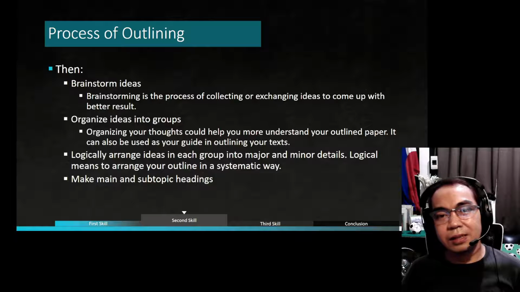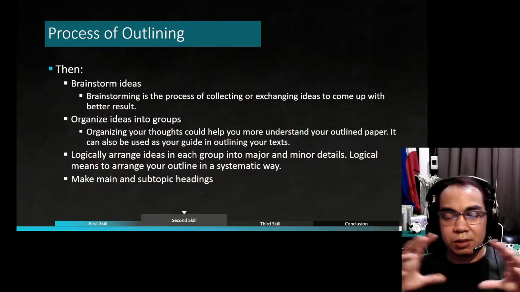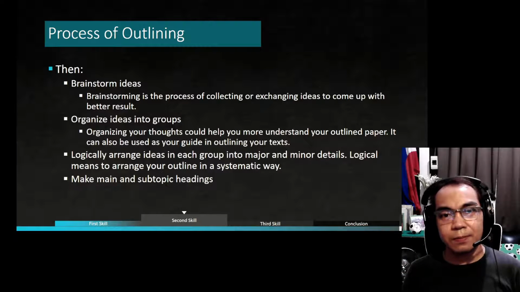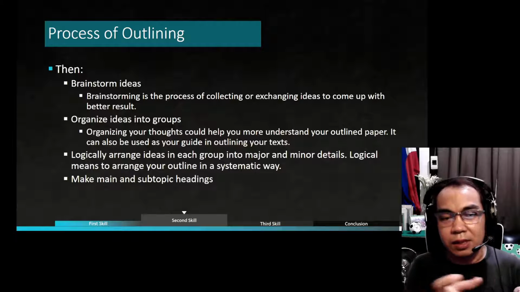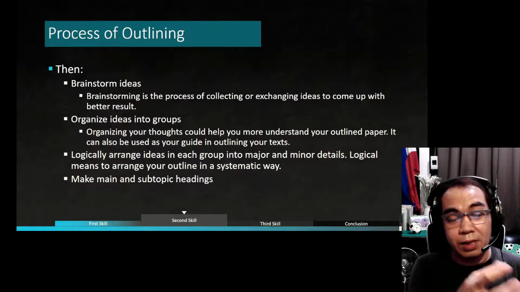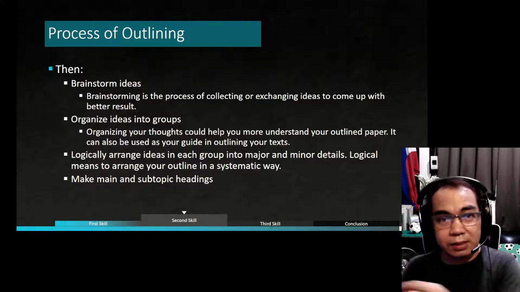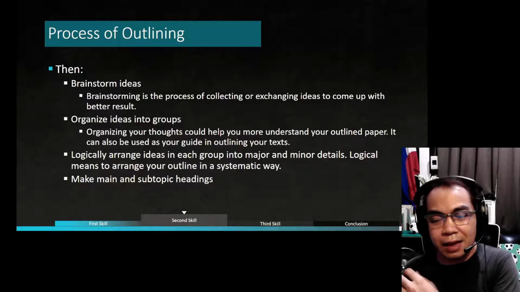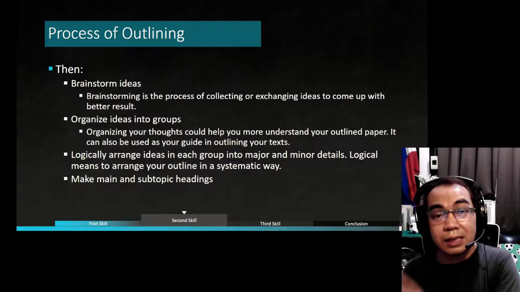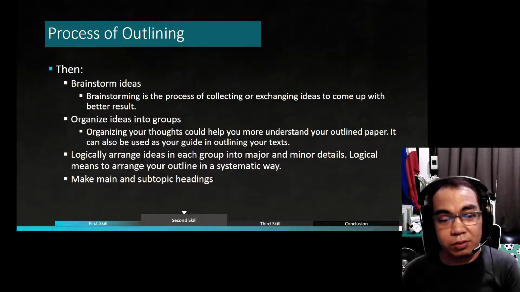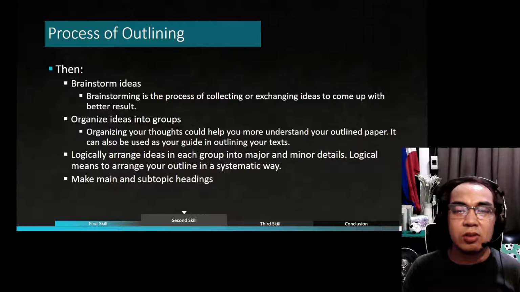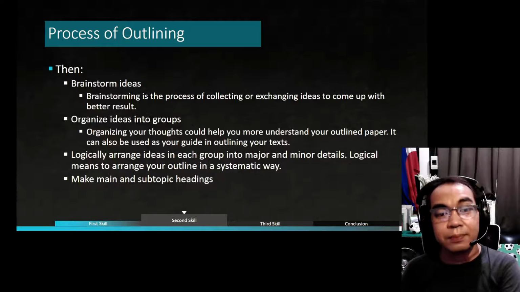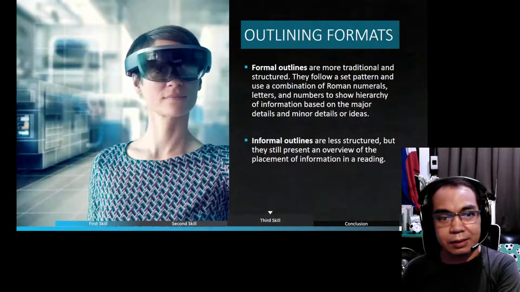Usually, in an academic text, there is, of course, a major topic. And this major topic is being supported by minor subtopics. The subtopics are further supported, explained, added with details and examples. Okay, those are the usual arrangement of an academic text.